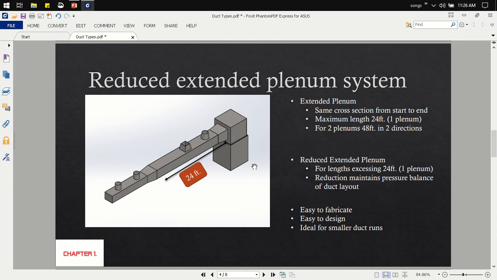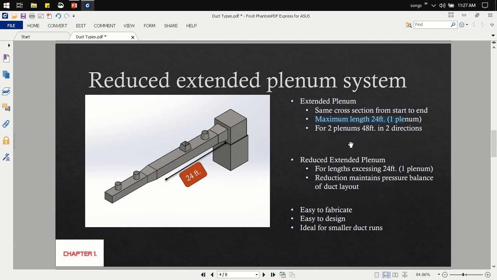Here you are seeing the supply plenum. From the supply plenum to the end of the section, it has the same cross section. A key feature is that the maximum length of an extended plenum system is 24 feet. Here you are seeing where the extended plenum system starts and where it ends.